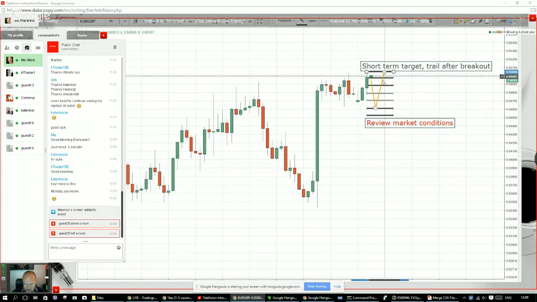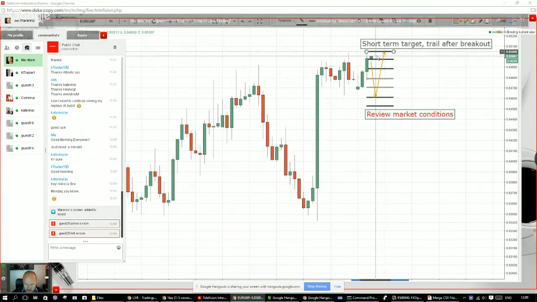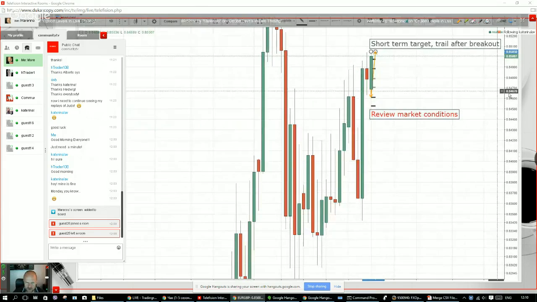It does look like this level will be reached now. In case the price breaks through this level, then we can trail. And where can we trail to? Let me switch to 1-day chart just to have a look.